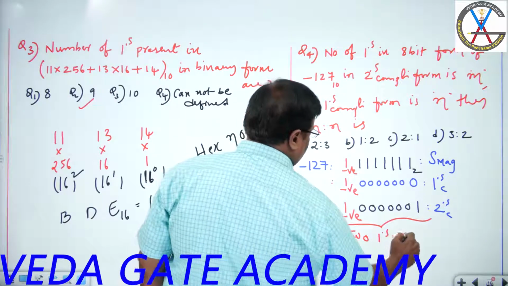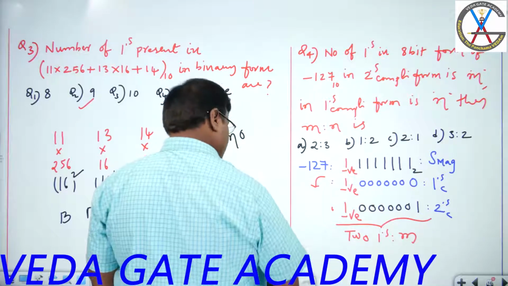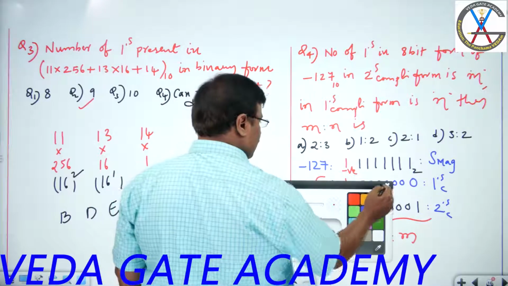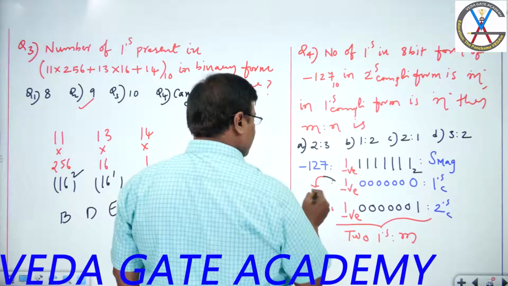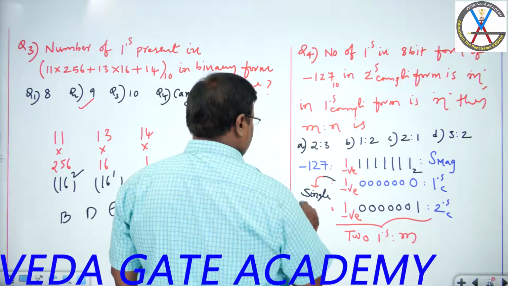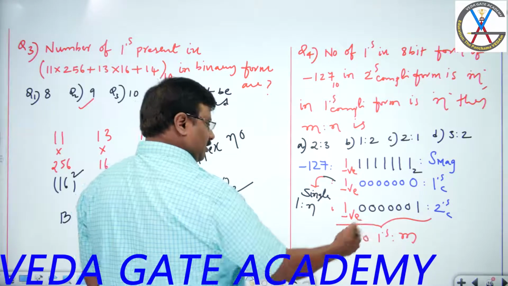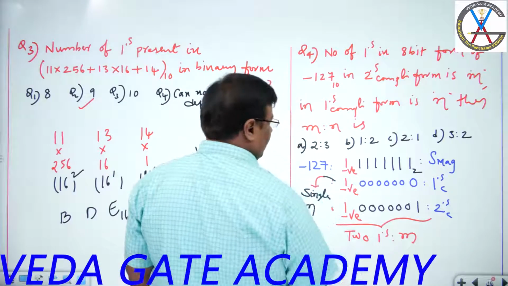What is it stating as m? How many ones are here in this data? A single one is stated as n. So what is m to n? Here, 2 is to 1, right? Simple.